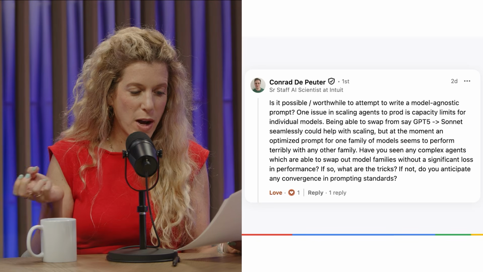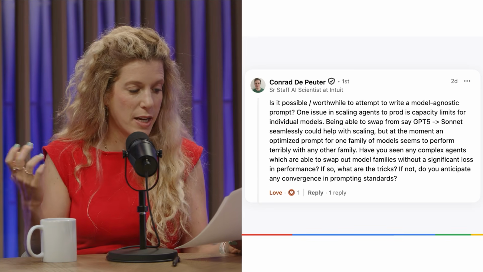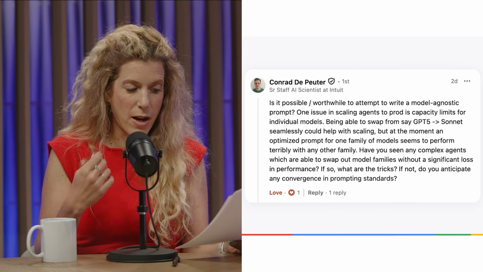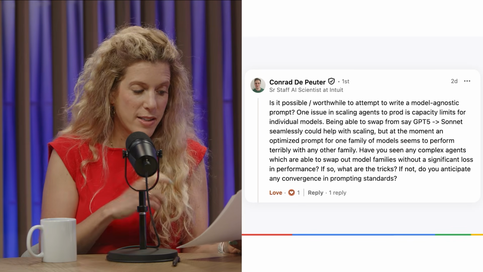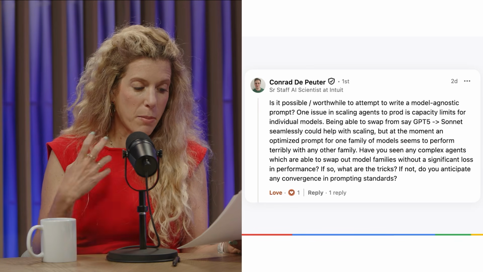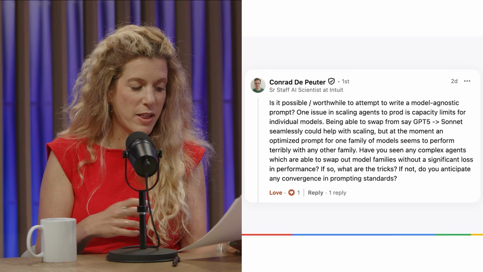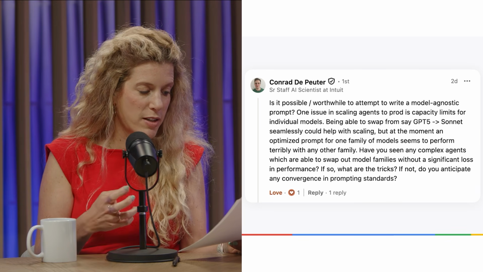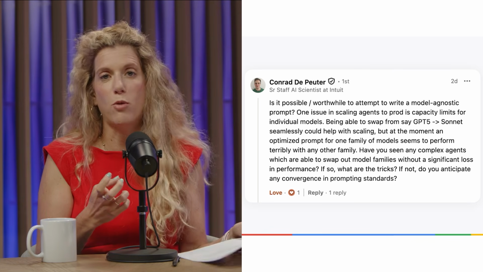Being able to swap from, say, GPT-5 to Sonnet seamlessly could help with scaling, but at the moment, an optimized prompt from one family of models seems to perform terribly with any other family. Have you seen any complex agent which is able to swap out model families without significant loss in performance? If so, what are the tricks? If not, do you anticipate any convergence in prompting standards?